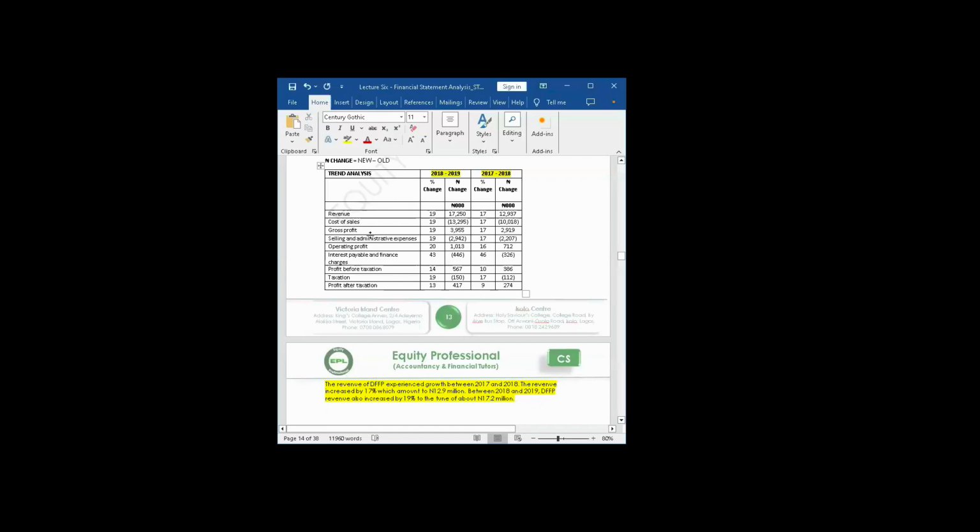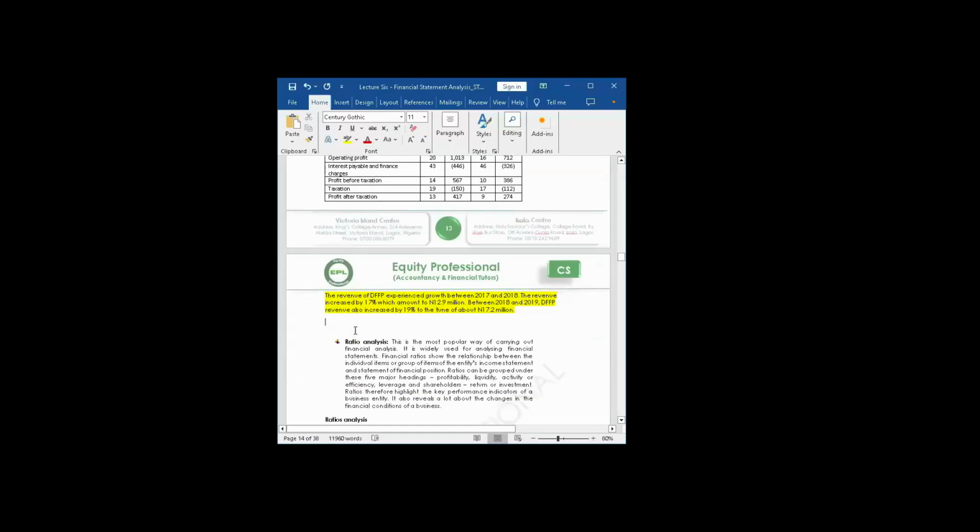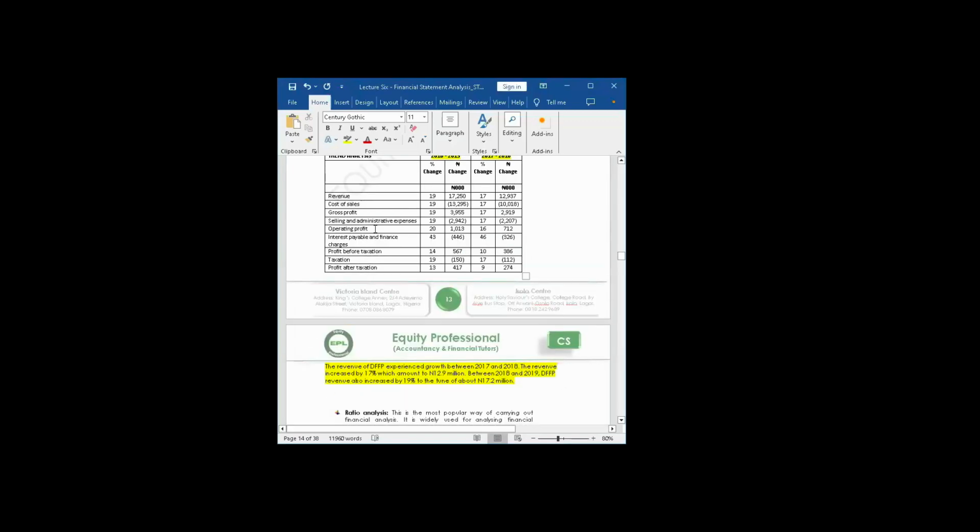Okay, then for cost of sales, you do the same thing. Let me give you this because you have to practice. So in the chat box, very quickly, write on the trend of cost of sales and gross profit as classwork.